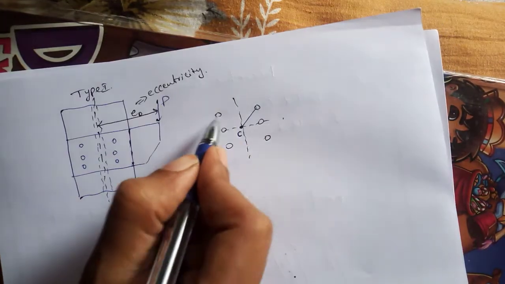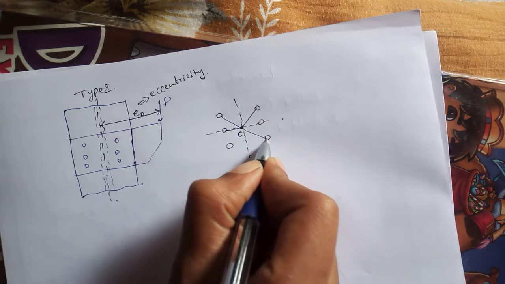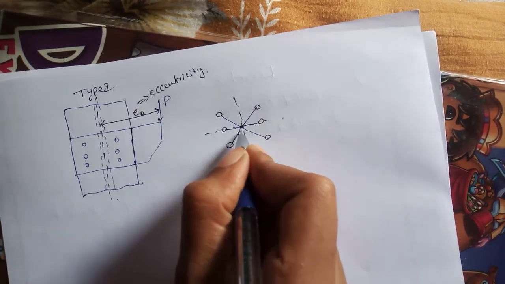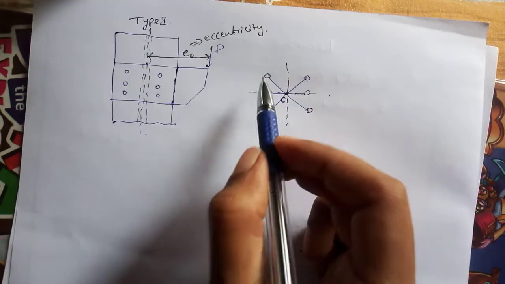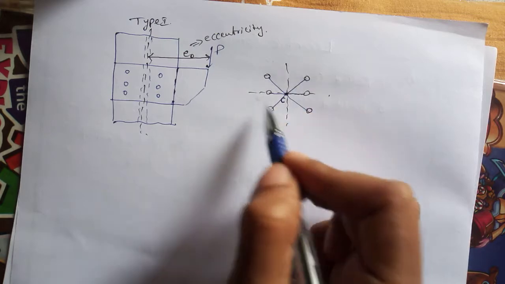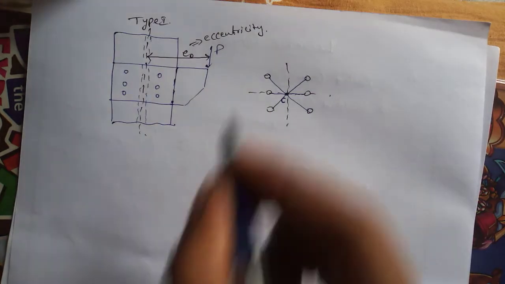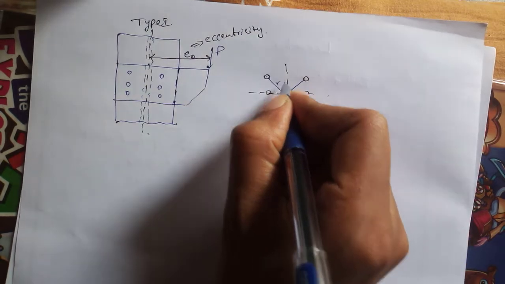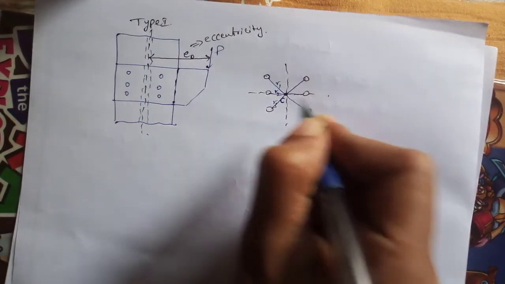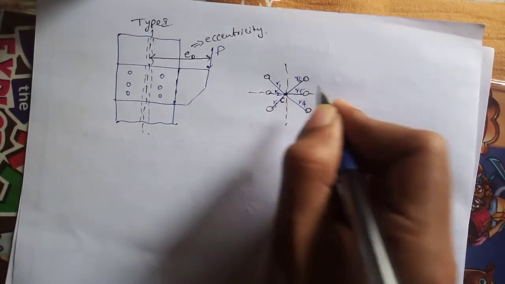Okay, let us number the bolts 1, 2, 3, 4, 5, 6. For all these 6 bolts, there will be some distance, so we can name these distances r1, r2, r3, r4, r5 and r6.